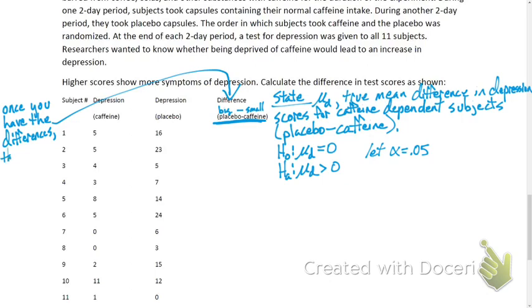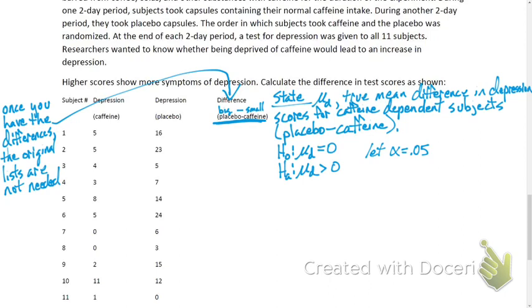The original lists are not needed. All right, so I know you could do this in your head, placebo minus caffeine, but if ever they give you a complicated number with decimals, it's nice to do this on the calculator.